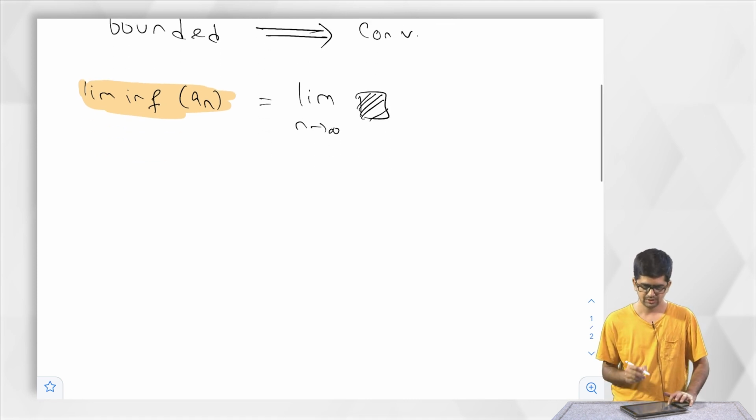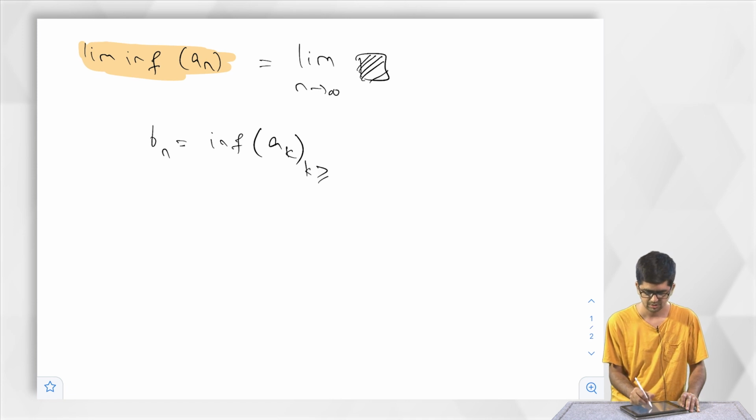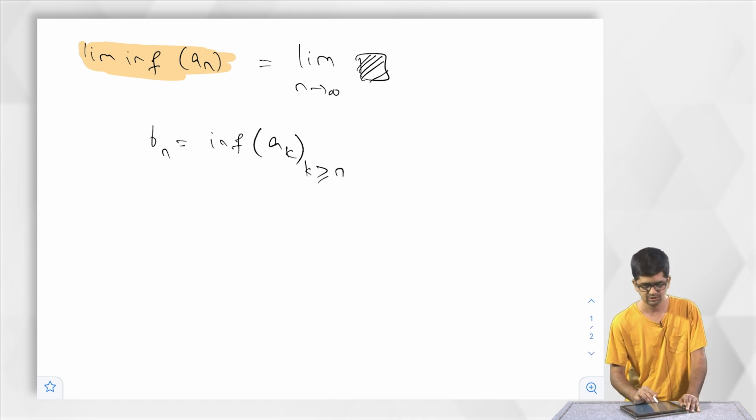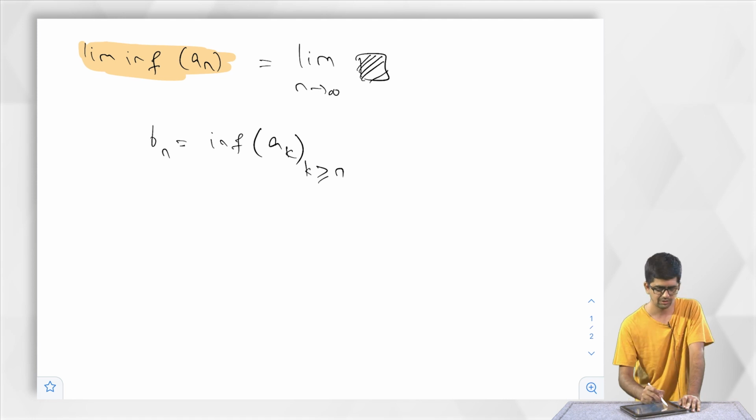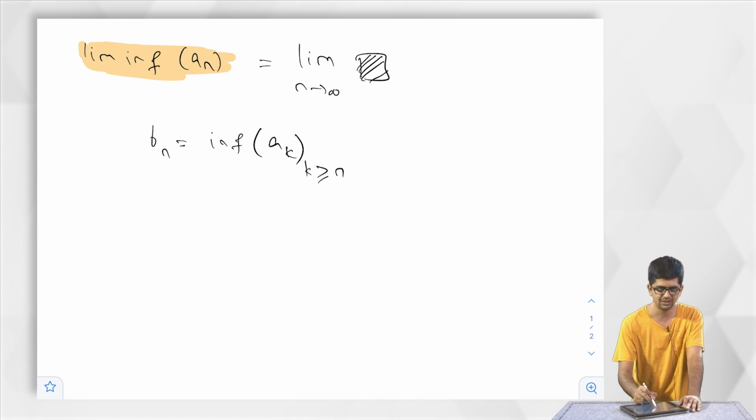That sequence is defined as follows: Bn is equal to the infimum of Ak, for k greater than or equal to n. For each n, we collect the sequence that starts at that n, and take the infimum of that set. We call it Bn. So this gives a sequence.